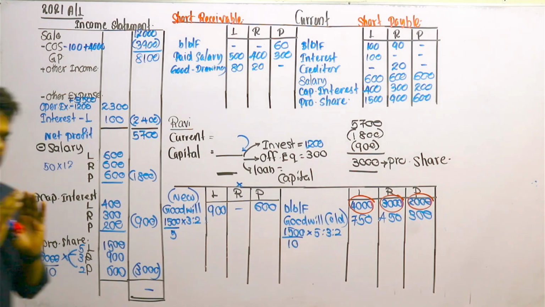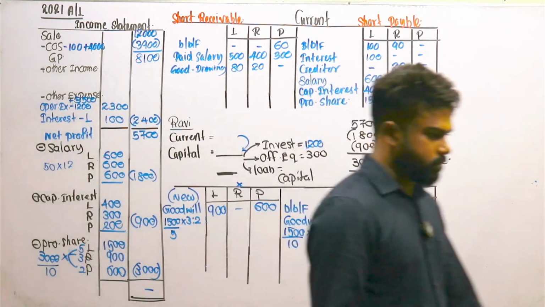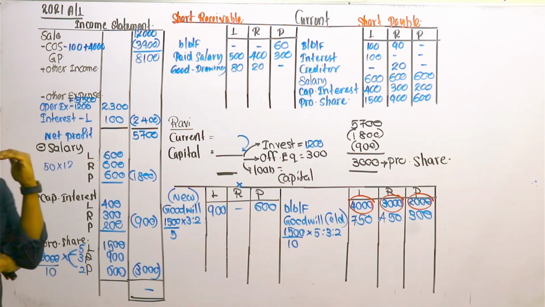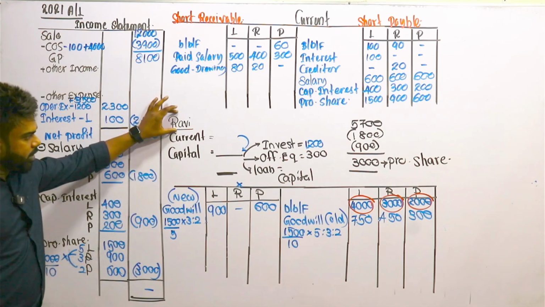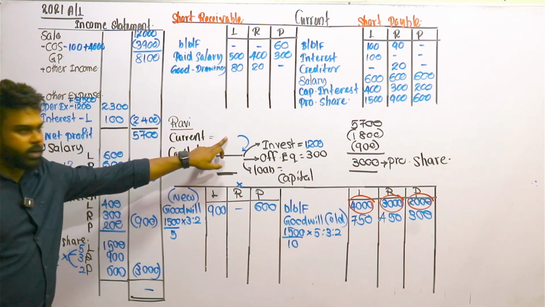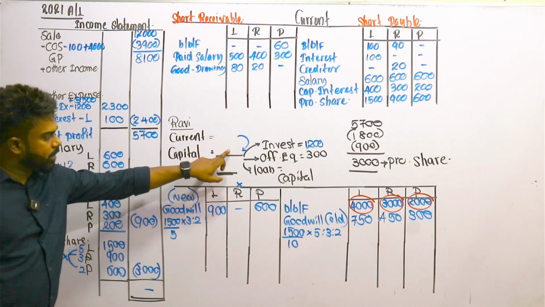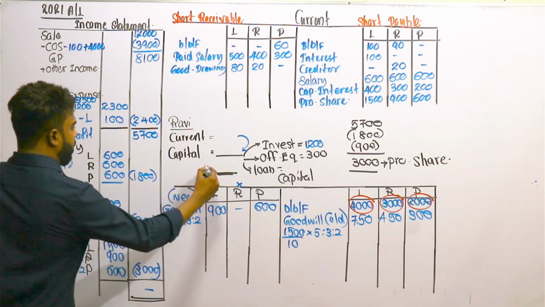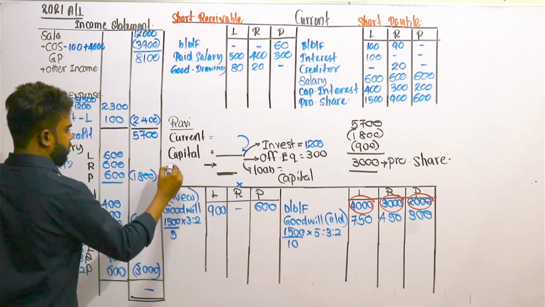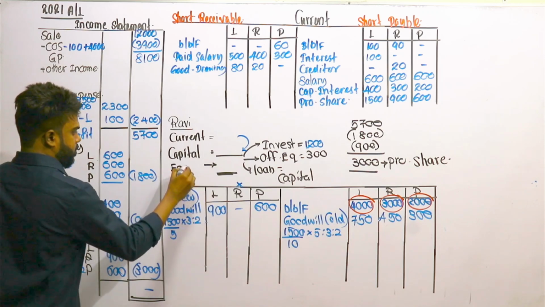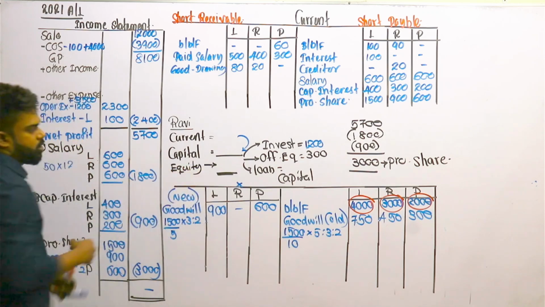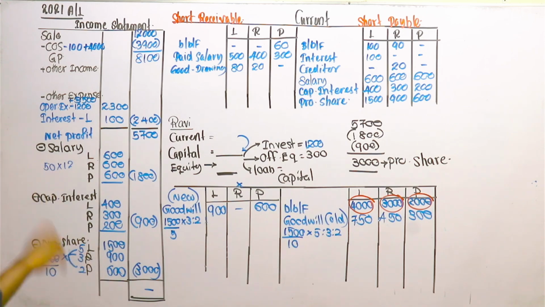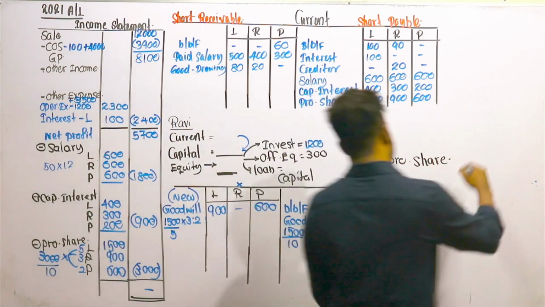Then you can do the retirement. Therefore, now you have to do the retirement adjustment. Ravi retired, therefore identify the current account balance of Ravi and transfer to capital account, then get the total equity of the retired partner. Understood? So next step, we're going to do retirements.